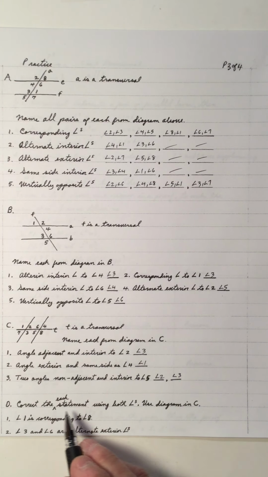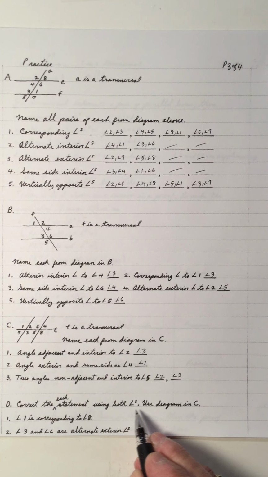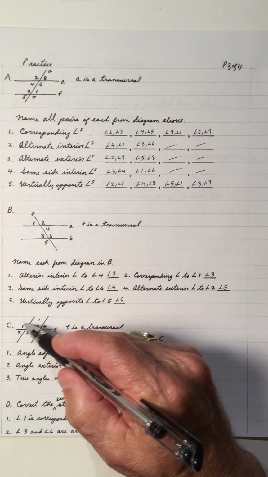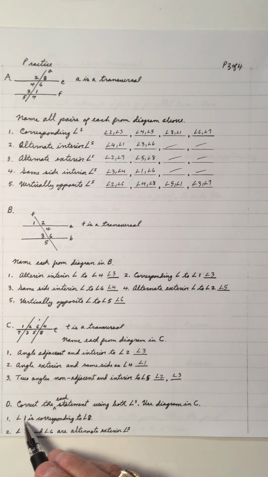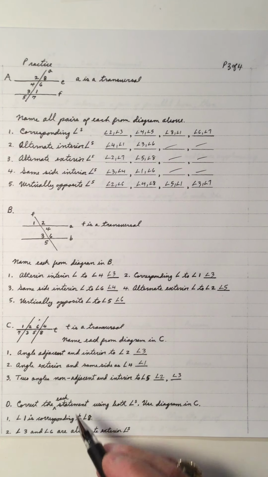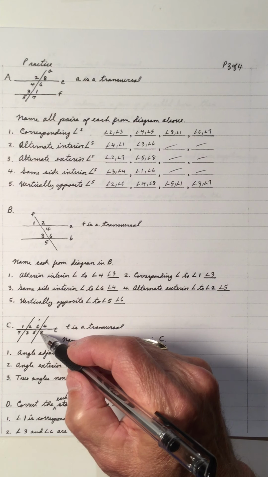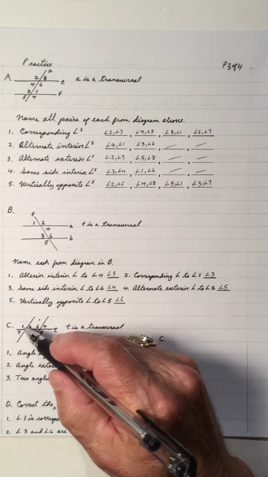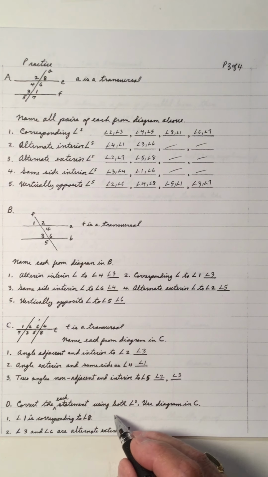D. Correct each statement using both angles. Use the diagram in C. Angle 1 is corresponding to 8? No. Angle 1 and angle 8 are alternate exterior.